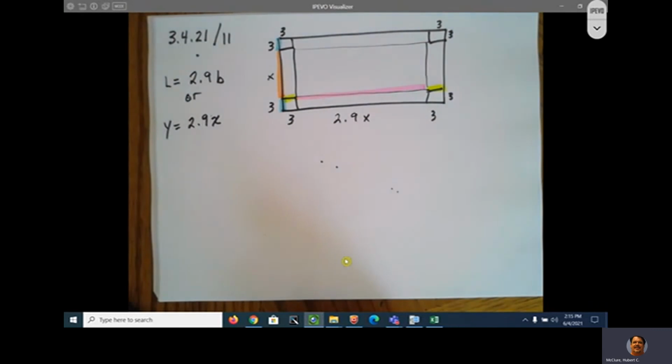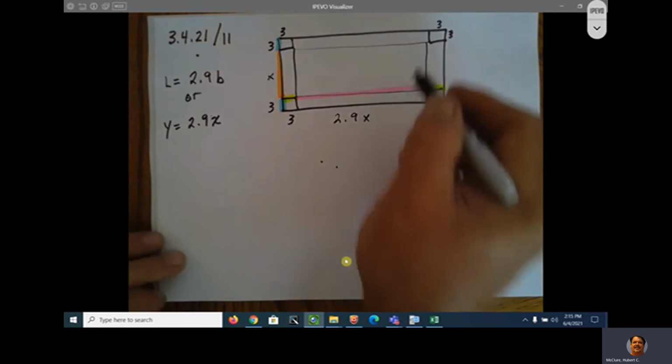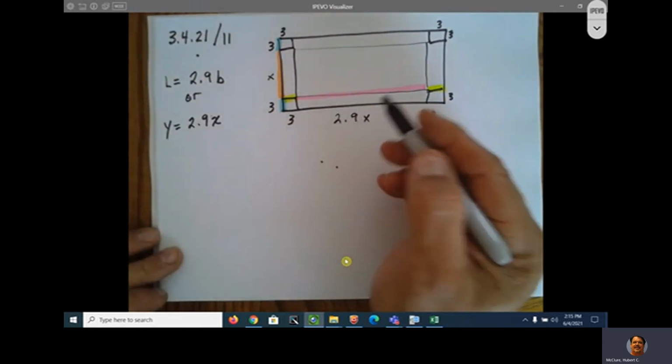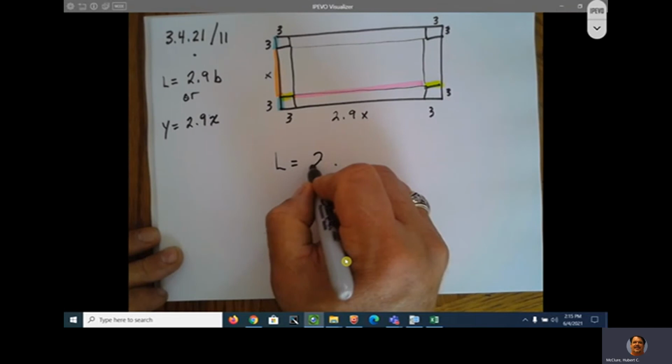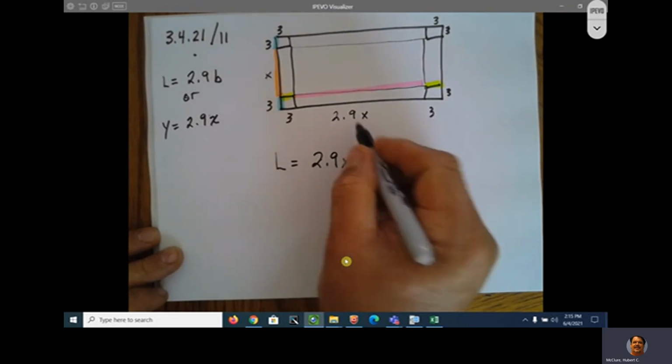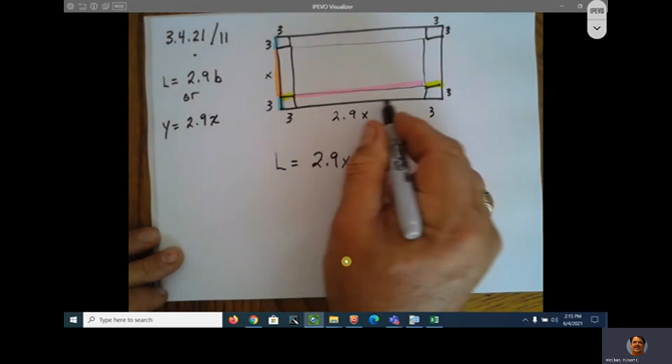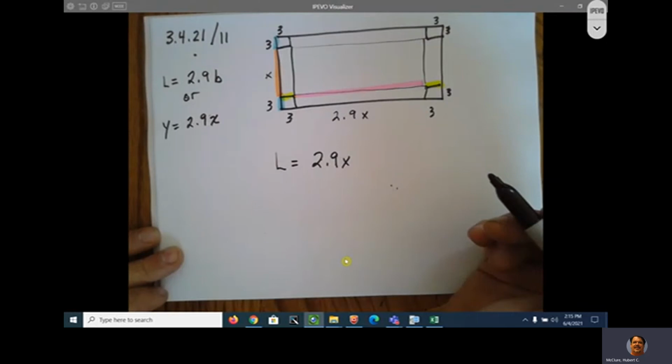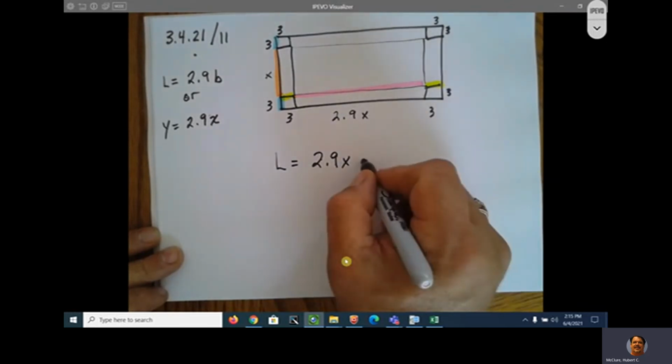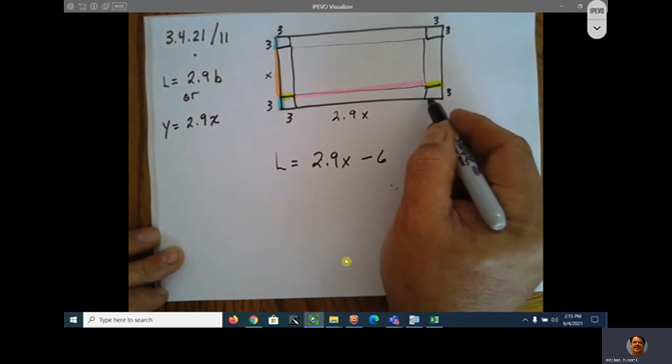So I just wanted you to be aware of the 3 plus 3, and that's 6. So the length of this box, pretty much, length is equal to 2.9x, which is this right here, the pink, minus 6, because you're going to cut those 3 inches out.